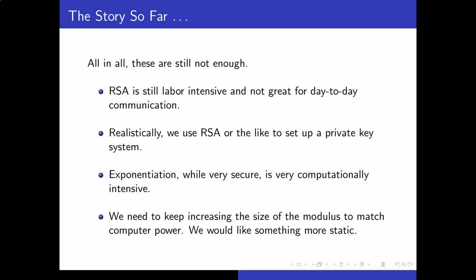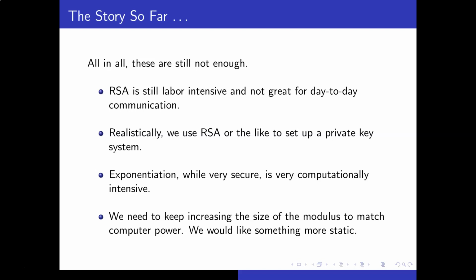The other thing is that while exponentiation, the exponential cipher, is very secure because of the discrete log problem, it's also computationally intensive. The other thing is that as we increase the computational power of computers, we have to keep moving the modulus up.